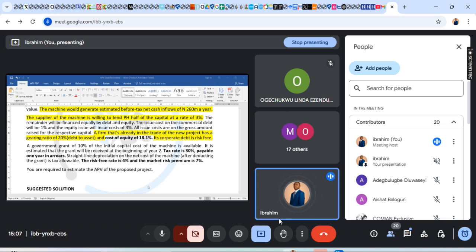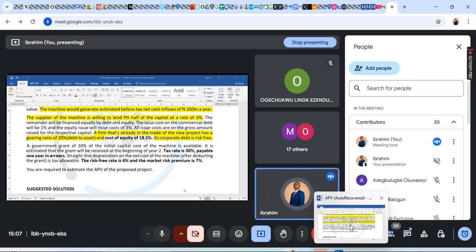So the debt rate that you will use will be the commercial rate, unless the question gives the cost of debt of the company, as in adjusted present value, which is usually more complicated.